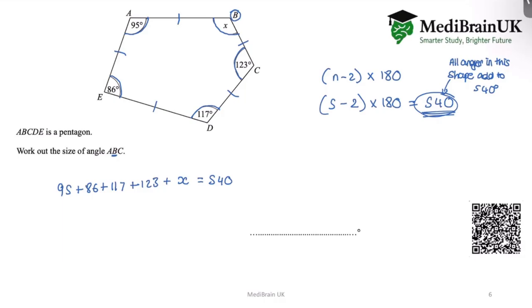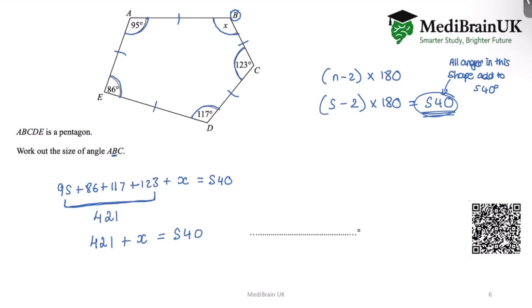Let's add all these numbers up first. 95 add 86 add 117 add 123 gets you an answer of 421. So we have 421 add x, and that's equal to 540.